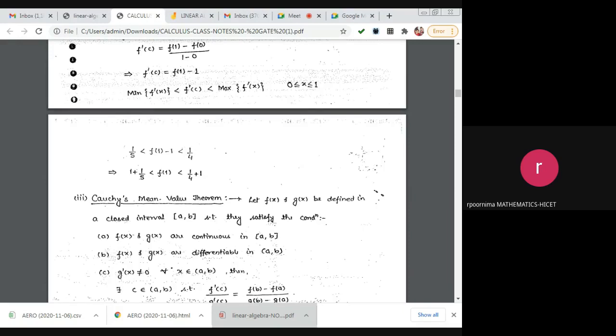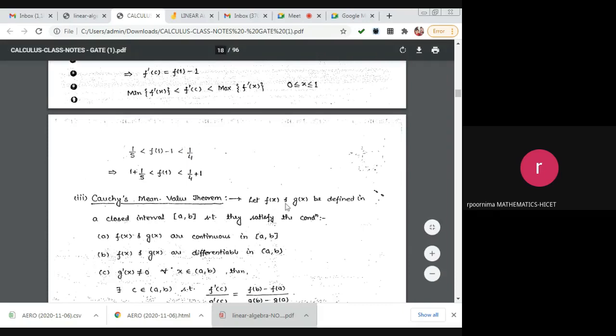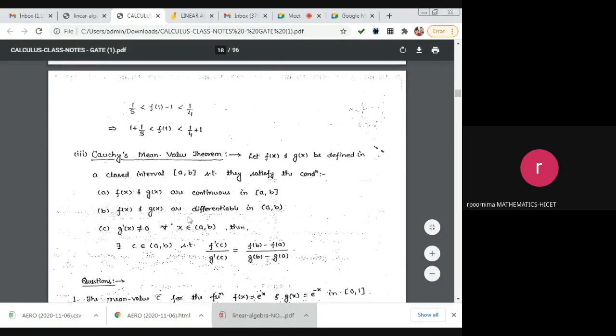Next it is Cauchy's mean value theorem, with two functions. Consider two functions f of x and g of x defined in a closed interval a comma b, such that they satisfy the conditions: f of x and g of x are continuous in the closed interval ab, f of x and g of x are differentiable in the open interval ab, and g dash of x is not equal to 0 for all x belonging to the open interval ab.